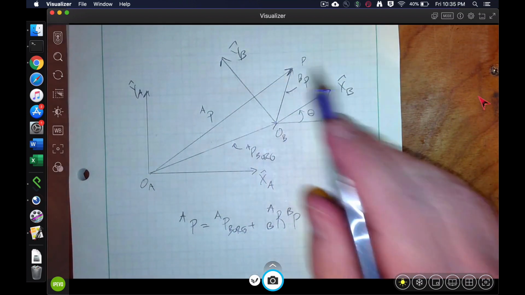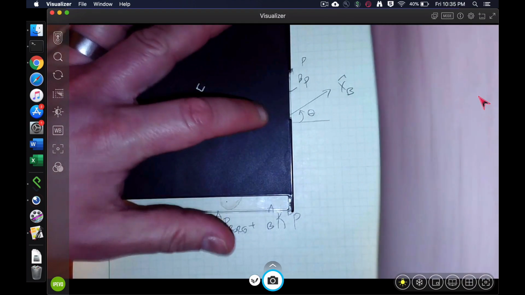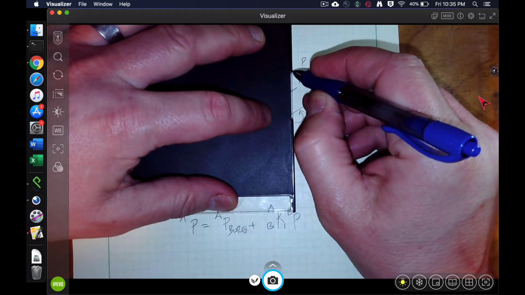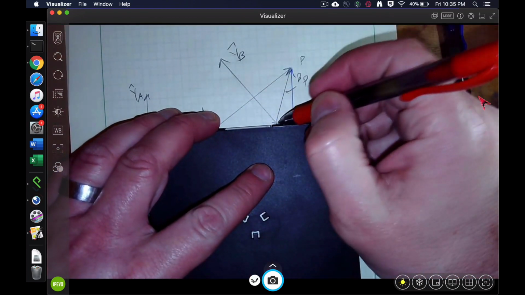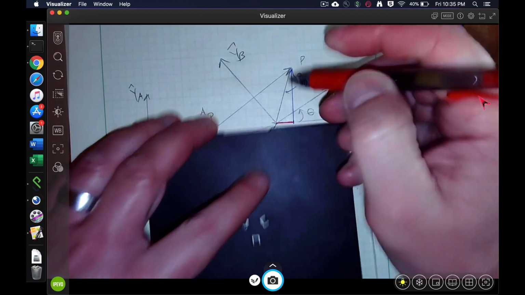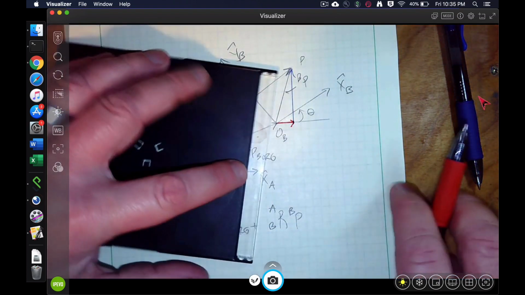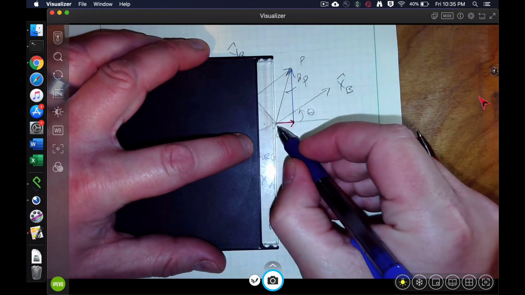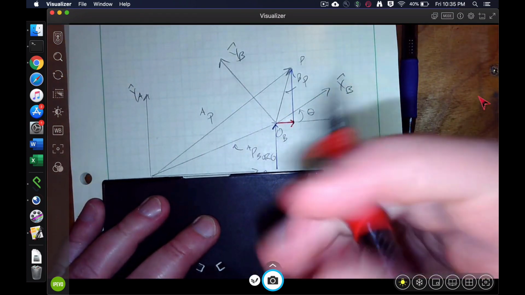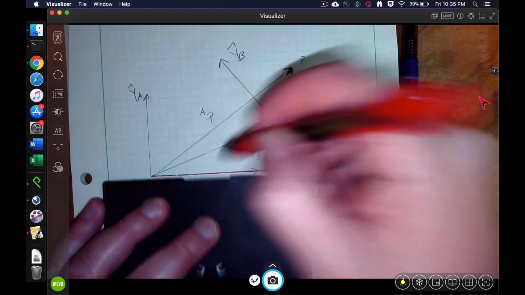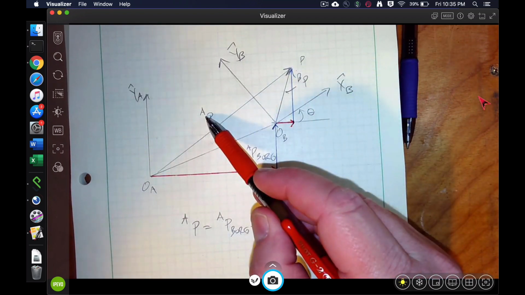So I would take this vector and find its components parallel to frame A, and then if I wanted to find P_A, I could add the blue ones together to get the Y components and add the red ones together to get the X components of P_A.